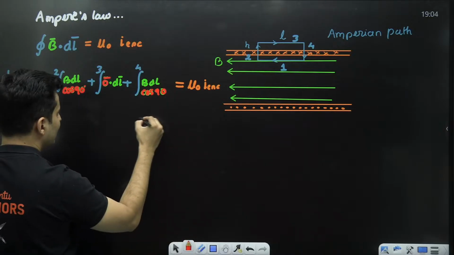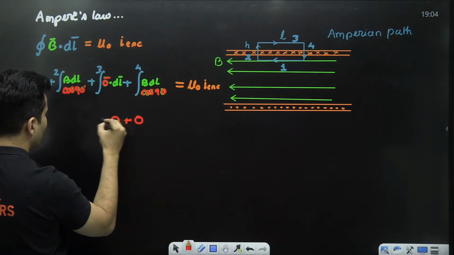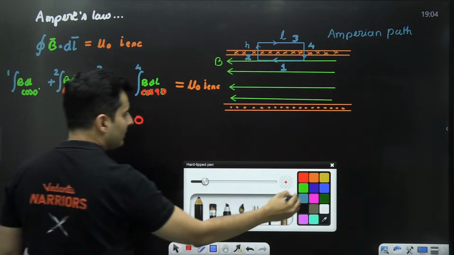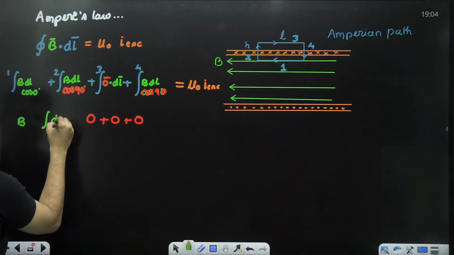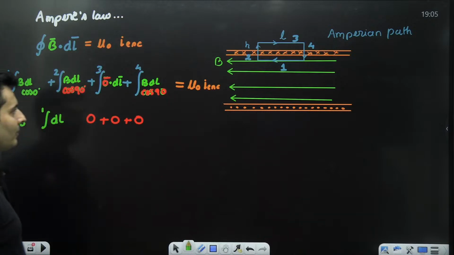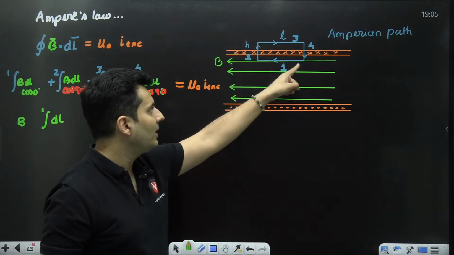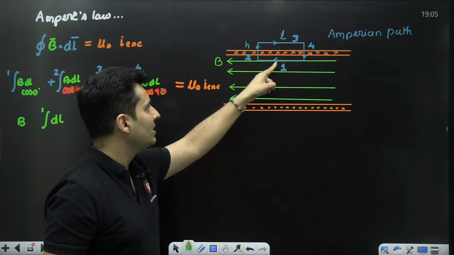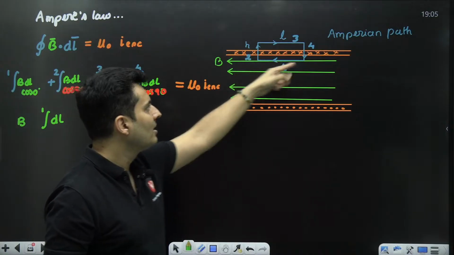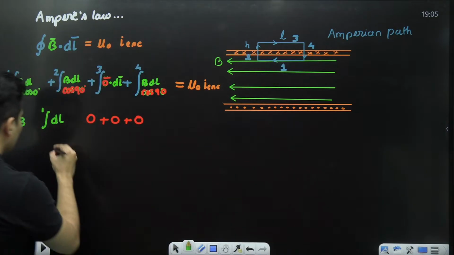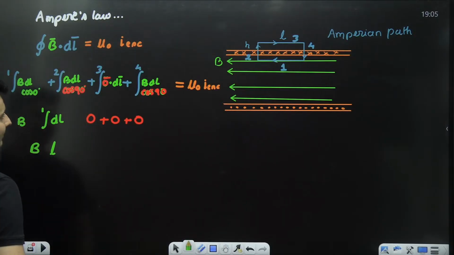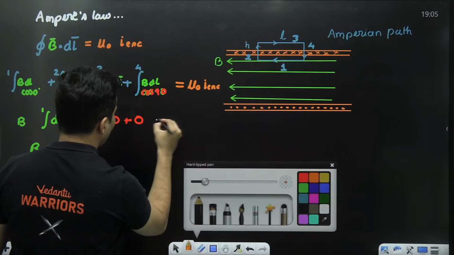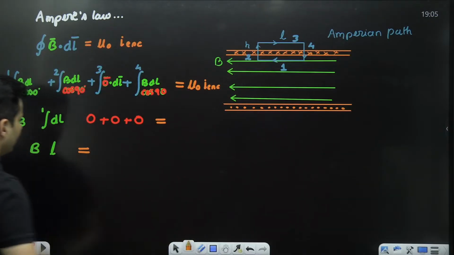So there will be basically 3 zeros, 0 plus 0 plus 0. Only this term remains. B comes outside. It will be just integral dl for that first part. So dl plus dl plus dl plus dl plus dl plus dl till here will be the total length of it. So it will be just this L and B into L on the left hand side. So that's what the LHS would look like.